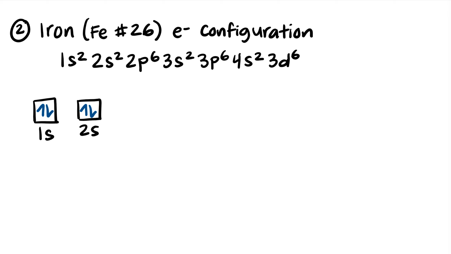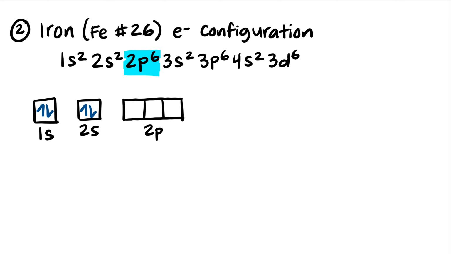The next sublevel is 2p. I recall that p is represented with 3 connected boxes. There are 6 electrons inside of the 2p sublevel, again looking at that exponent on 2p. So we're going to draw 6 arrows. But please watch carefully the order in which I fill in the p sublevel.